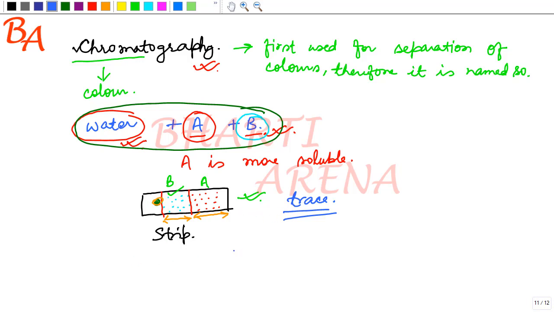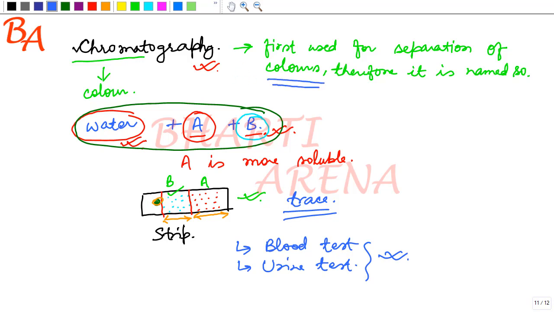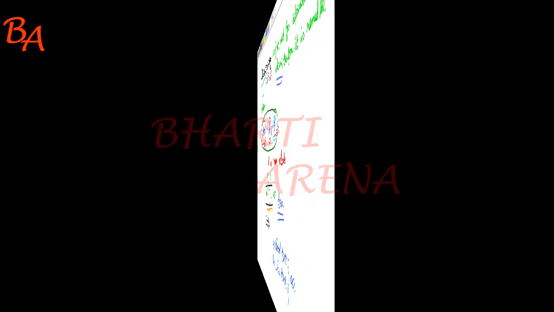This technique is used for blood tests, urine tests, and many others. Nowadays it is not limited to colors as it once was, but the name remains the same, chromatography.